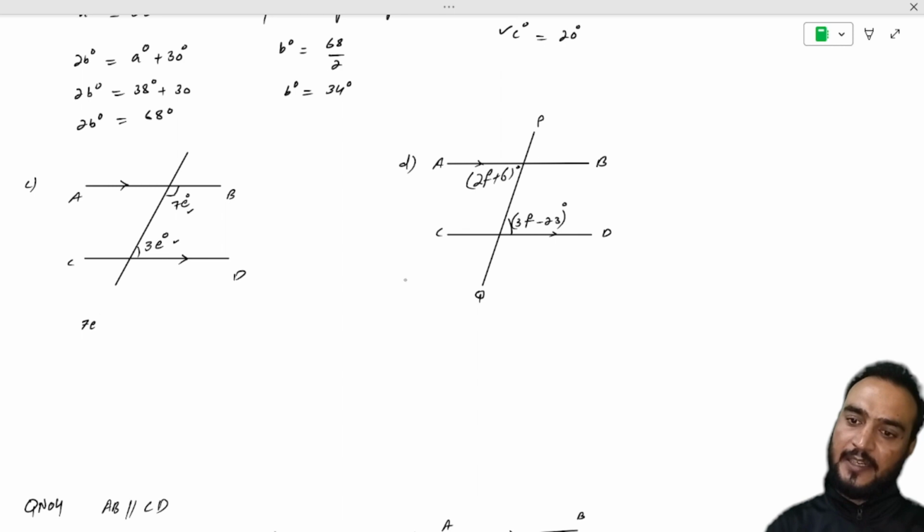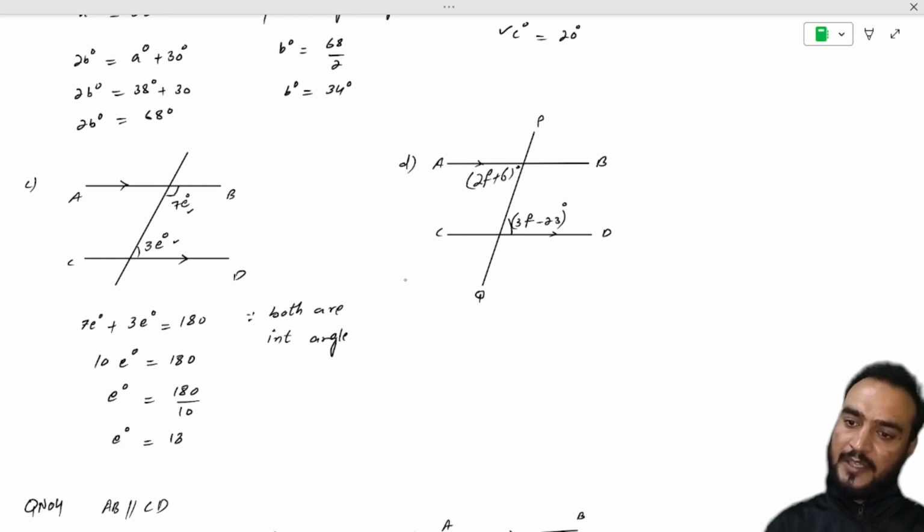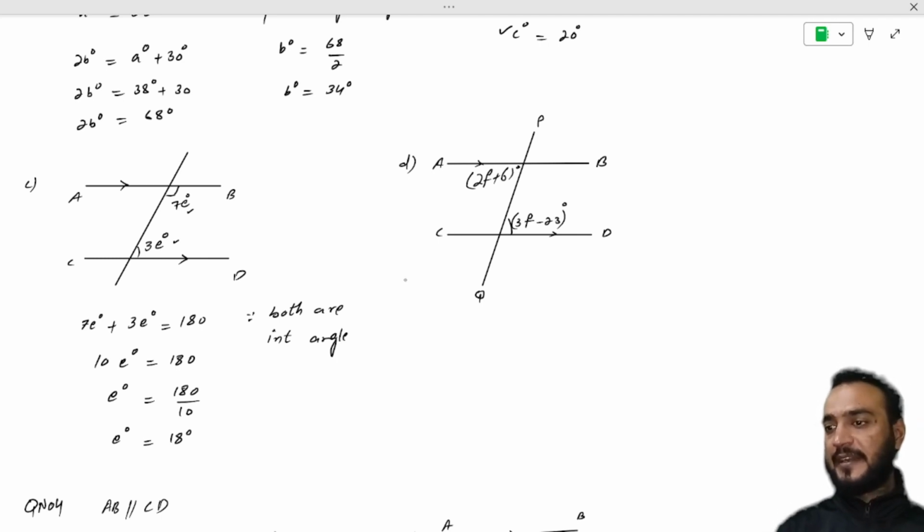So 7e degree plus 3e degree is equal to 180 degree because both are interior angles. So 7 plus 3 becomes 10e degree equals 180 degree. We divide both sides by 10. Then e degree becomes 180 divided by 10. It becomes e degree equals 18 degree.